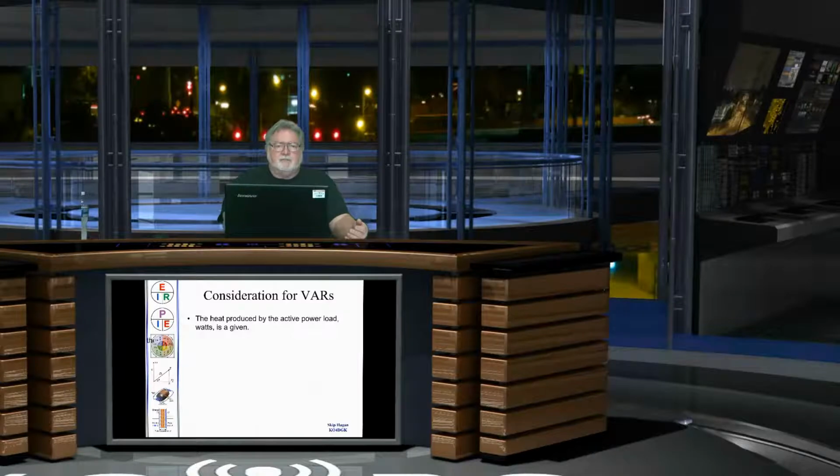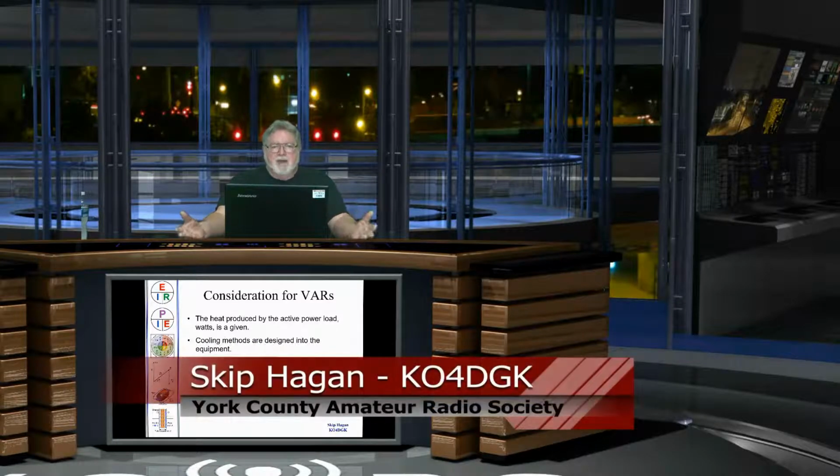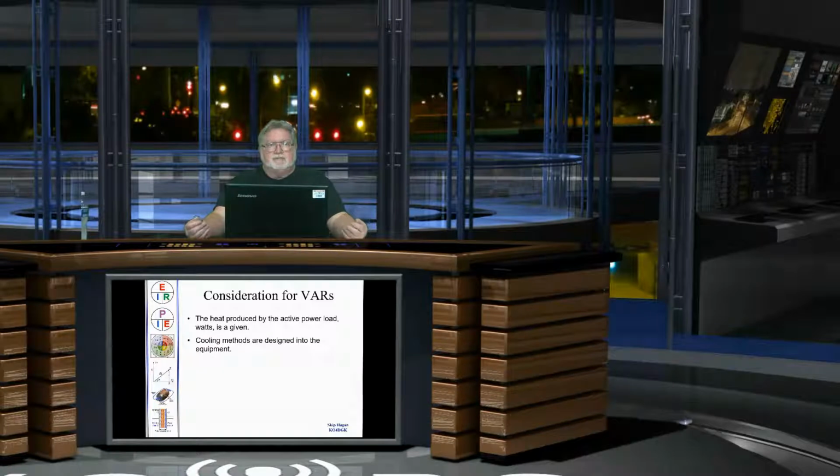So different mechanisms are designed into our equipment to deal with the heat that's produced from the system. We've got heat sinks, we've got fans, we've got different methods of passive and active cooling that are designed into the radio equipment to get rid of this heat.